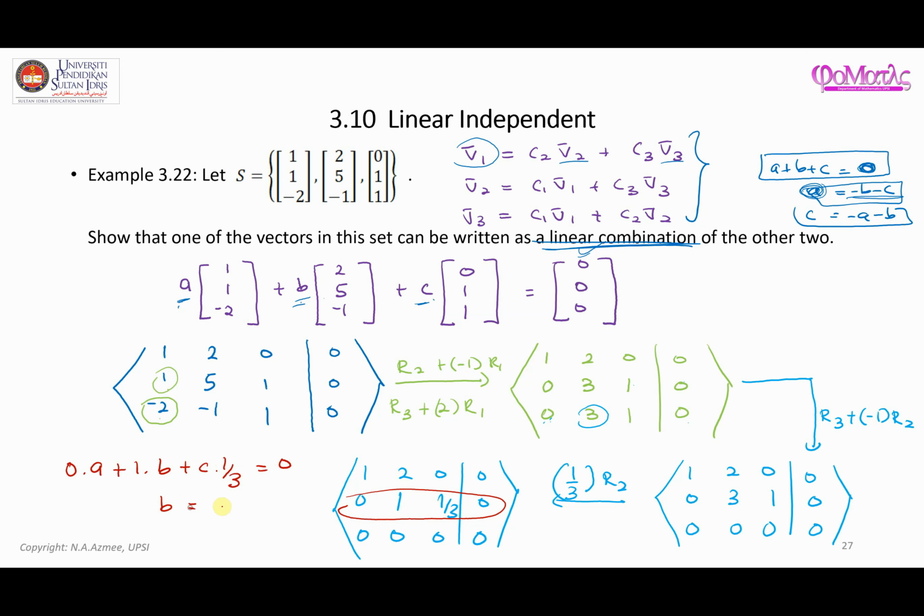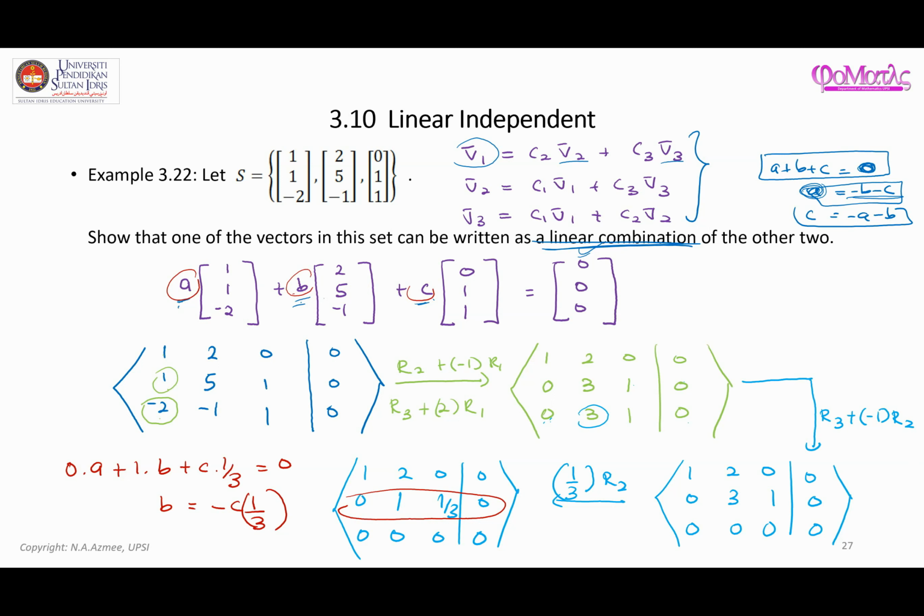Therefore, B is equal to negative C over 3. And you can see that we have two equations to be considered, and we have 3 unknowns. Therefore, that should give you an indication that one of the variables, or unknowns, is going to be considered as a free variable.